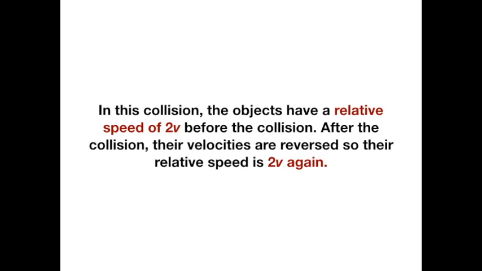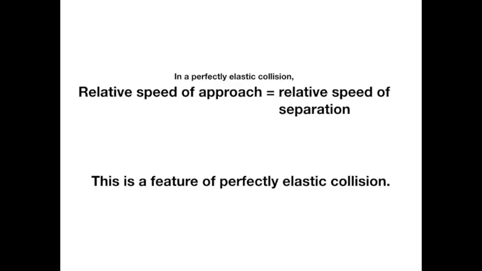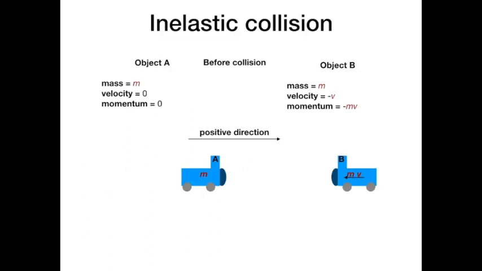After the collision, the velocities are reversed, so the relative speed is 2v again. In a perfectly elastic collision, the relative speed of approach is equal to the relative speed of separation. This is a feature of perfectly elastic collision.